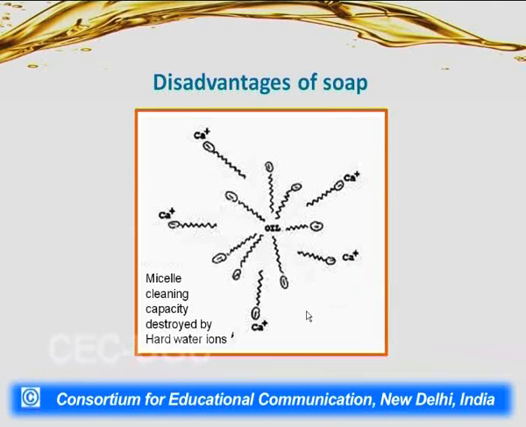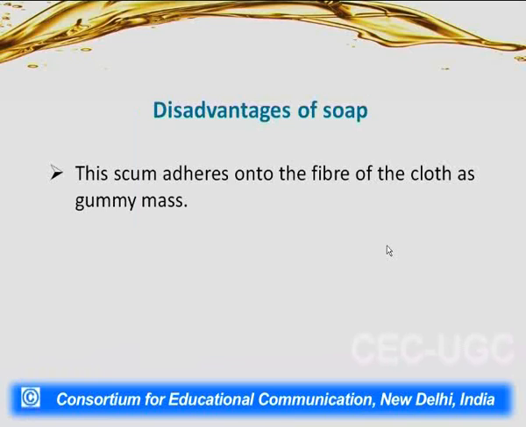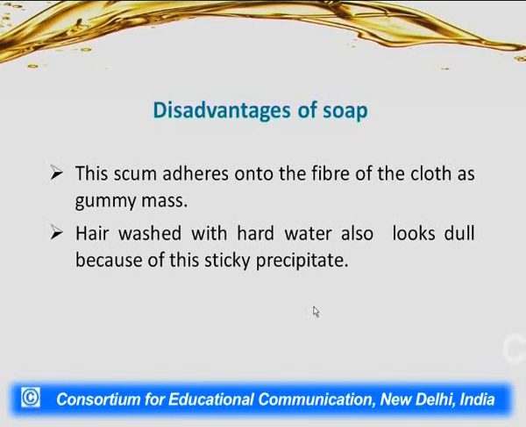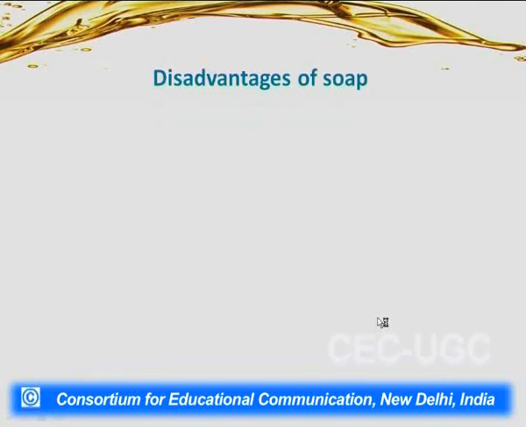So, it will not be able to clean the cloth properly. Secondly, the scum, these saturated acids which are formed, may adhere to the fiber as a gummy mass, and they may even adhere to the hair if it is washed. So, hair looks dull, and the fiber is also not properly cleaned, it becomes yellowish after washing for some time with soap in this medium.